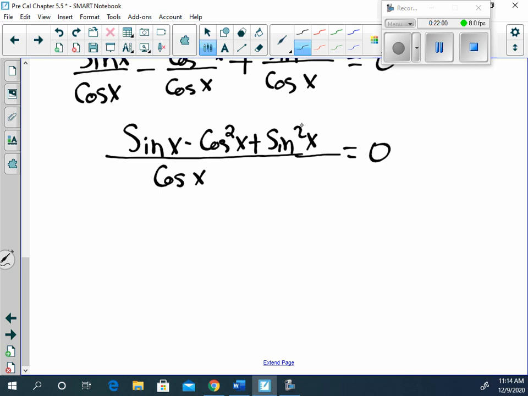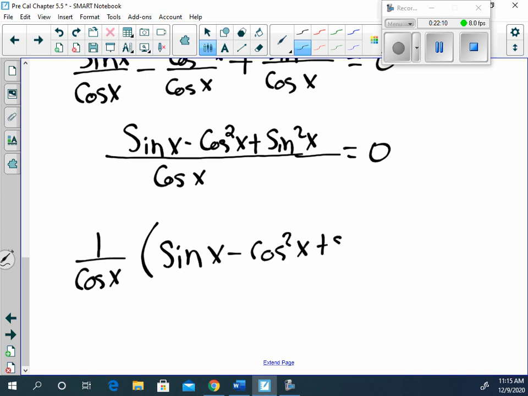I wouldn't times it by cosine of x. I can factor it out. And again, it is tempting to want to do that multiplication of cosine of x on both sides. And the reason we don't is, well, on the right-hand side, cosine of x times 0 would be 0, yes? And on the left-hand side, it would simplify out completely. But what did I do?